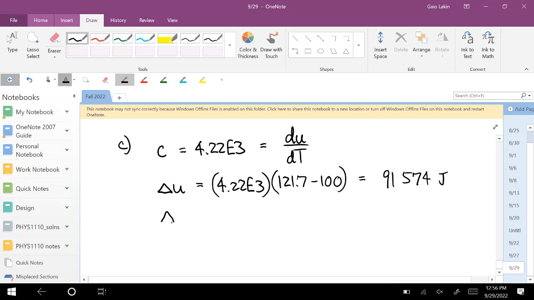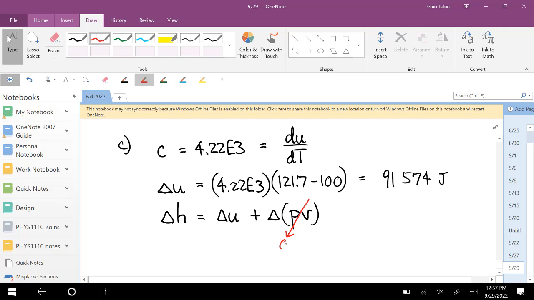And so the change in specific enthalpy is the change in specific internal energy plus the change in PV, pressure times specific volume. Well, this is a constant pressure process, and it's incompressible, so the specific volume doesn't change. So this is 0. And so the change in enthalpy is the same as the change in specific internal energy, 91,574.